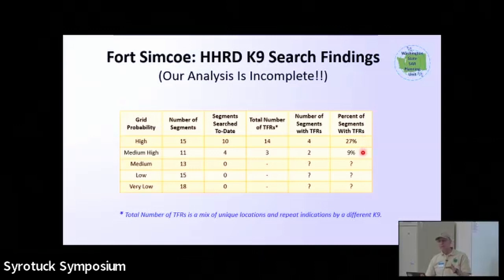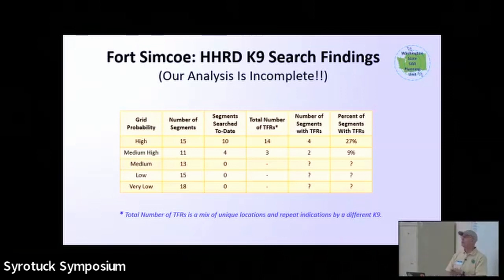Now at this point, anybody with any background in research design is starting to feel uncomfortable, because what you've noticed is we haven't searched any low probability areas. So we don't know if in fact we'd see the same percentage of canine responses in the low probability areas as well. In other words, we don't have enough data to do the chi-square test that we ought to be running here.